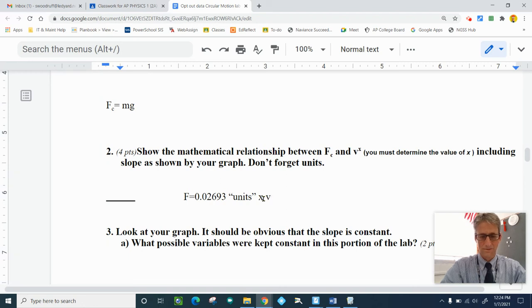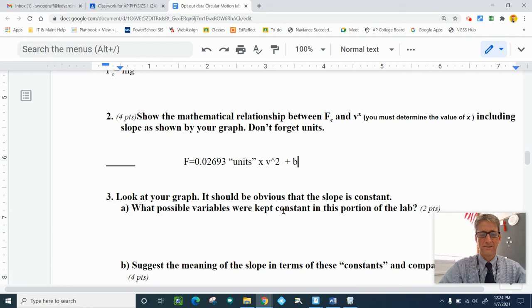I would know how to do this in Word in a second, but let's just do caret 2. Okay, so y equals m times x. And you could put your y-intercept in there too, plus whatever b is. All right, that's our mathematical relationship showing F_c, put a little c on it, and v to the second.